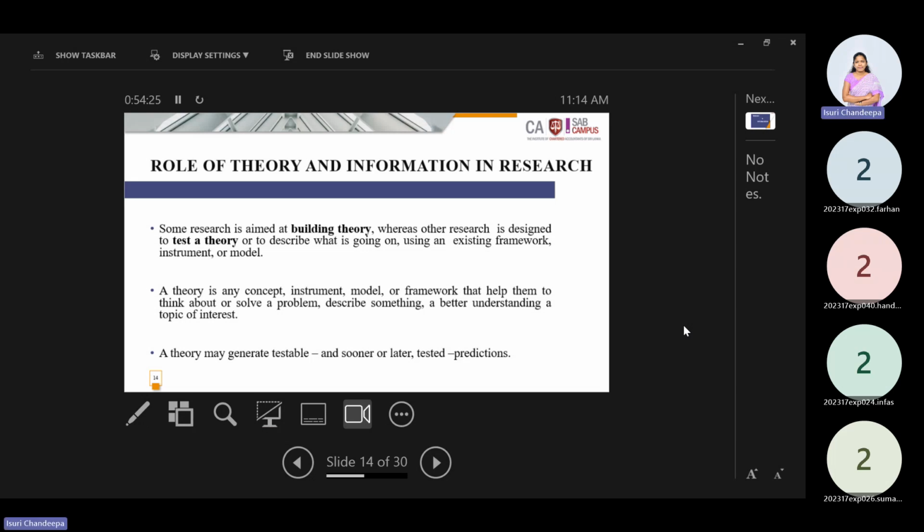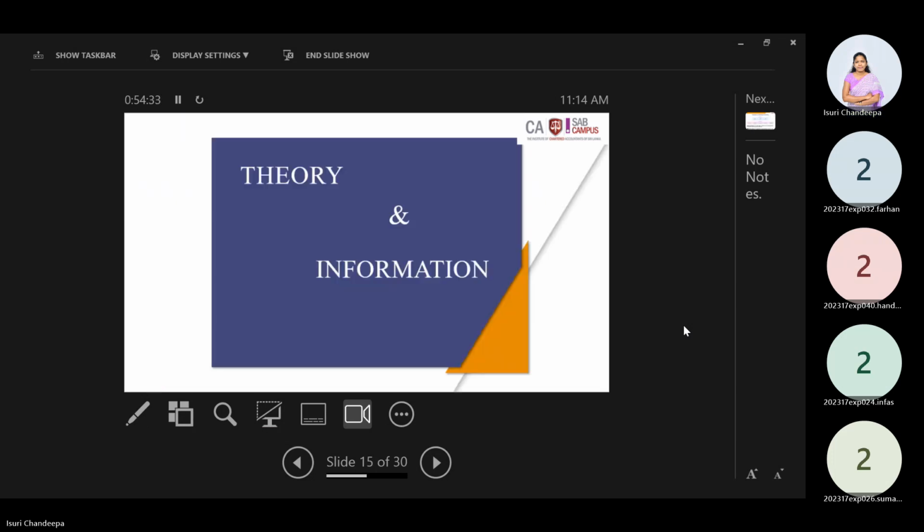Right. So that is the role. Other than those two basic things, theories help to develop the conceptualization of the research.